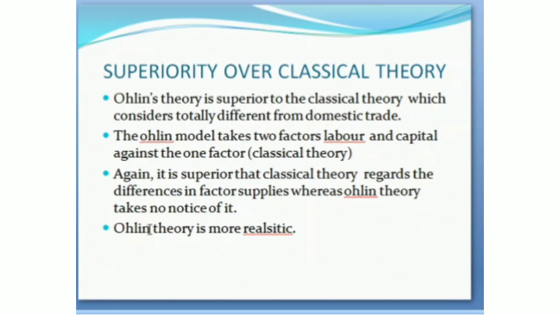Finally, the Ohlin model is more realistic because it is based on the relative prices of factors, which in turn influence the relative prices of goods, while the Ricardian theory considers the relative price of goods only.